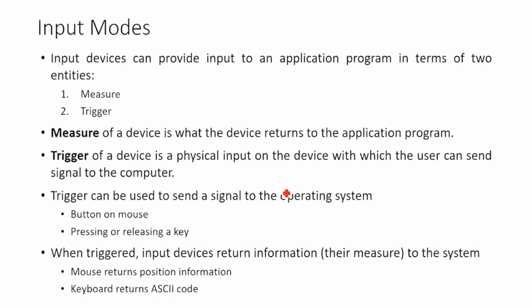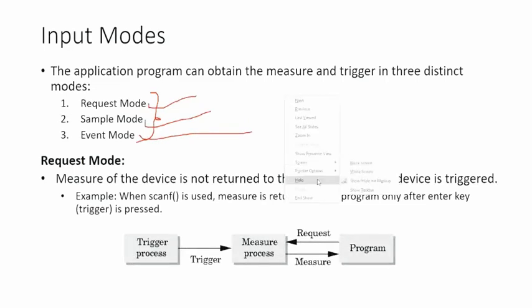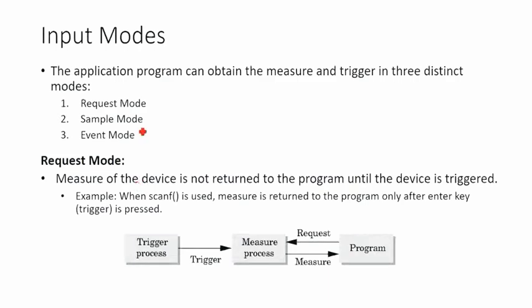Now, using this trigger and measure, we can classify 3 different input modes. The first mode is called request mode, then we have sample mode, and the third one is event mode. So for request mode, I was telling you an example of scanf, right? That's basically a request mode.